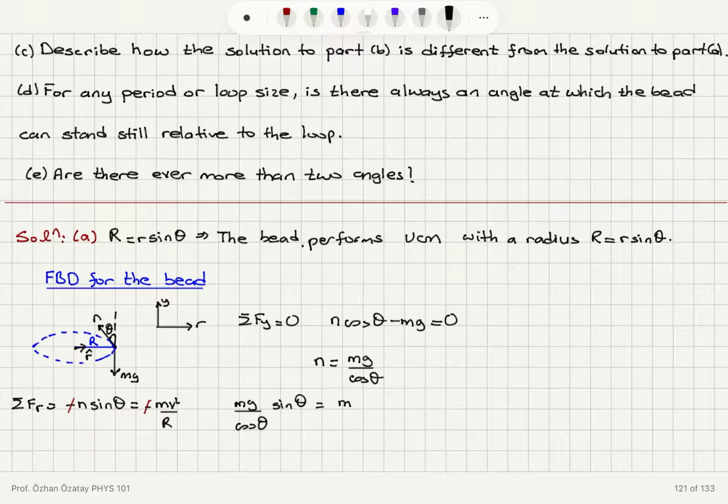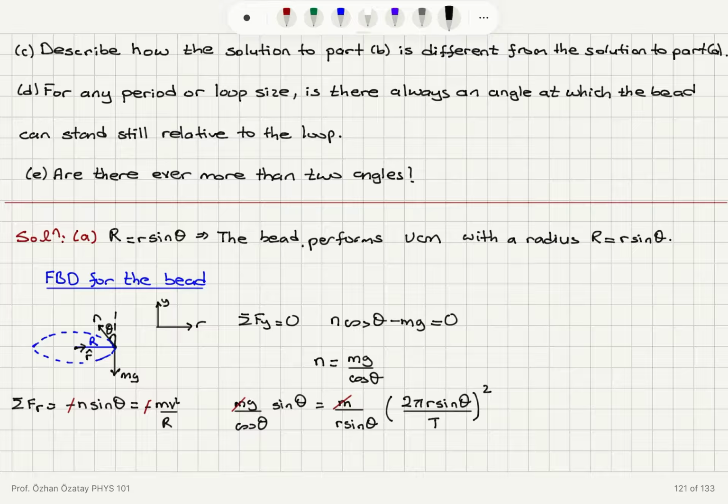So m divided by R sine theta, which is capital R, multiplied by v squared, where v is 2 pi R sine theta, the circumference of the circular path, divided by the period T, squared. So the m's will cancel.